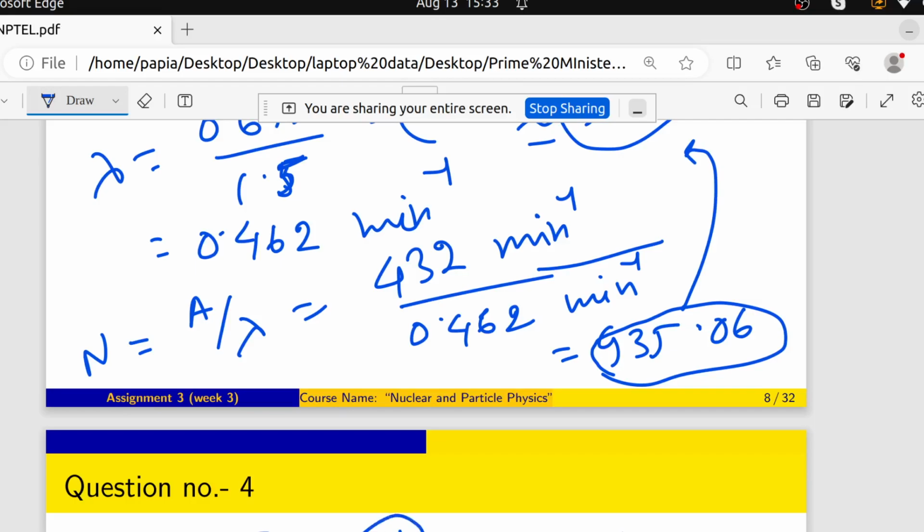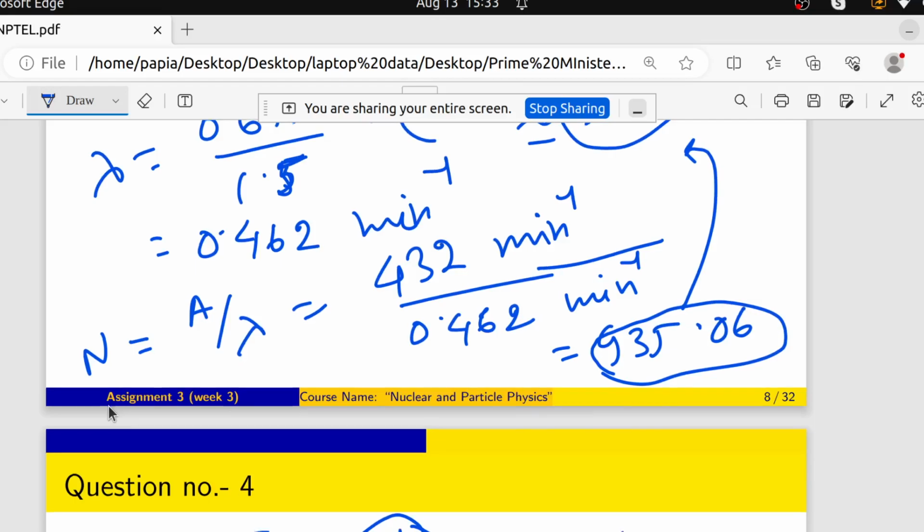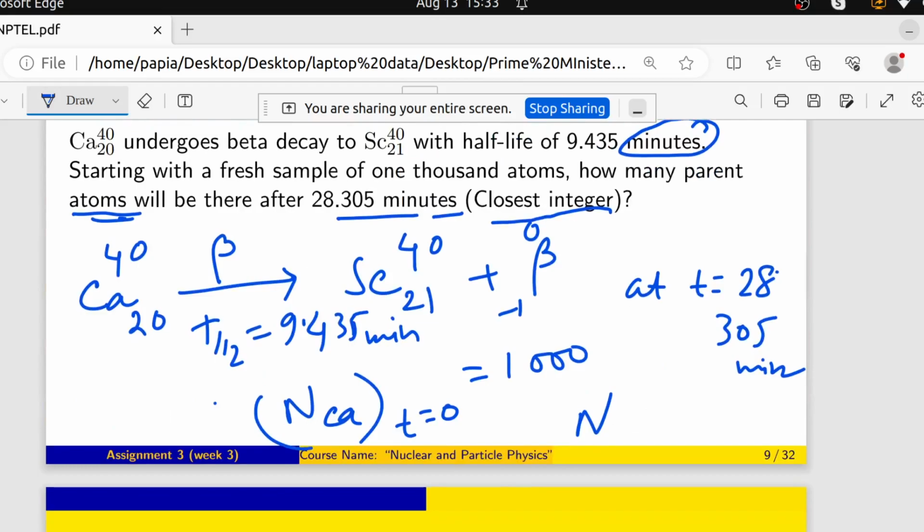The number of calcium atoms remaining is 1000 minus 125. Sorry, there was a mistake. 1000 minus 125 is 875. So the number of remaining parent atoms is 875, and 125 has transformed into scandium.